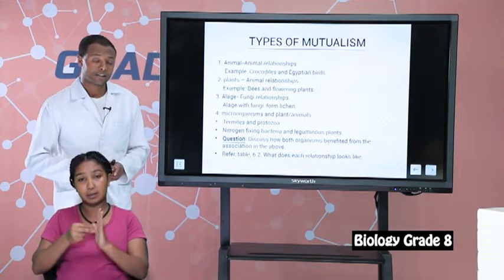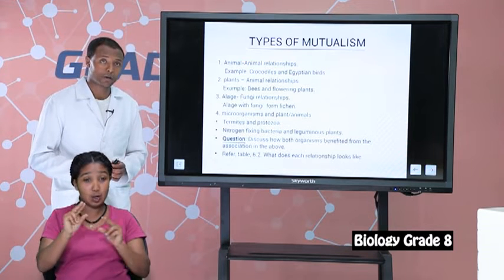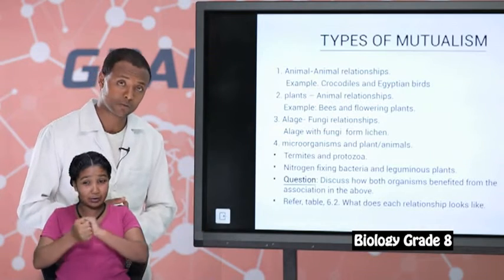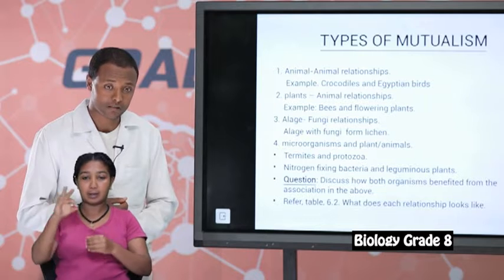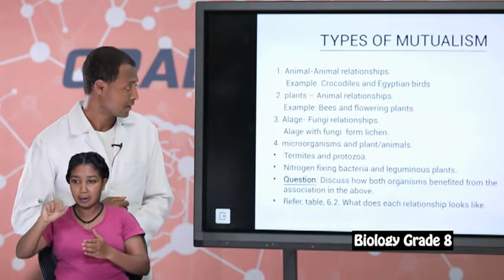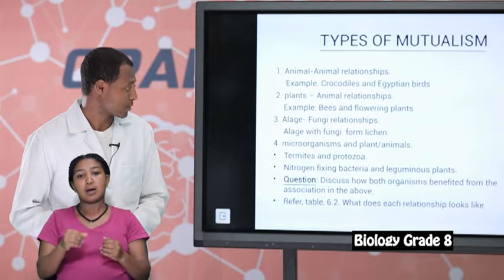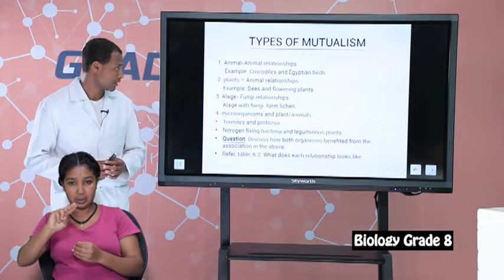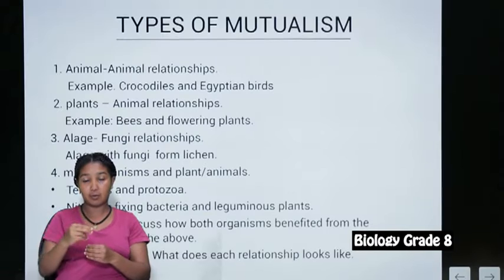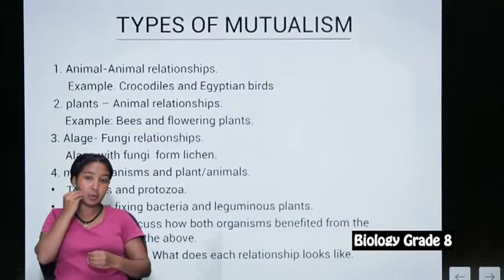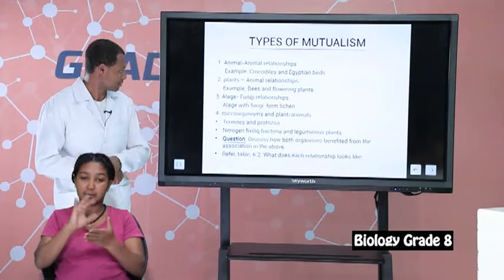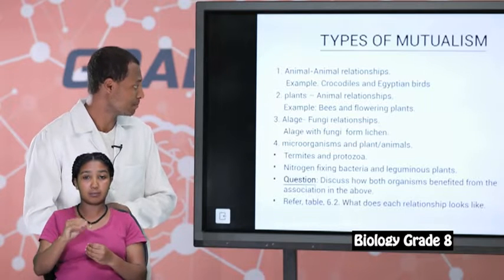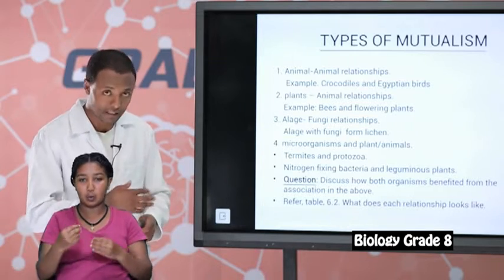That means nitrogen is not directly used by plants, so the nitrogen must be converted into another form, which is easily used by plants, that is in the form of nitrates. And as well, the root or nodule part of the leguminous plants serves the microorganisms as a shelter. This is the relationship about types of mutualism. So both organisms are benefited from the association.